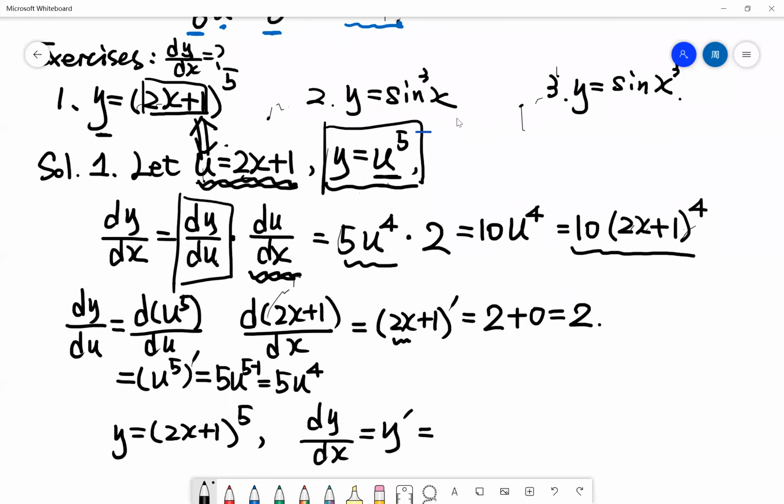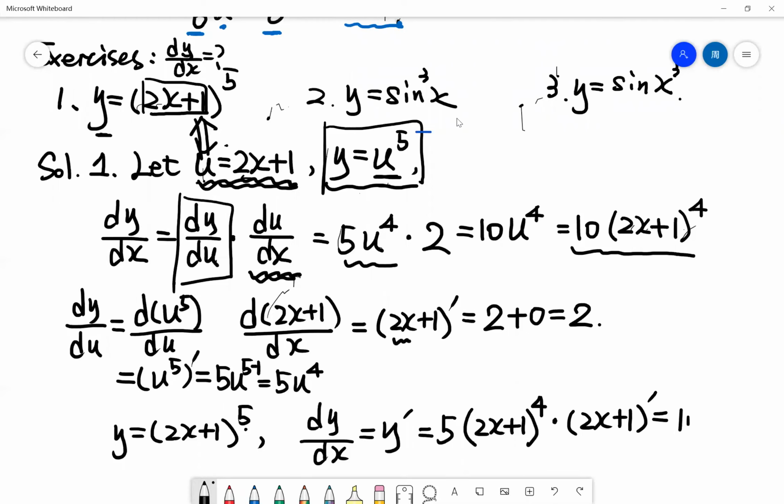From the outside, that is power 5, so you get 5 times (2x plus 1) to the power 4, because 5 minus 1, and times the inside prime, that is (2x plus 1) prime.